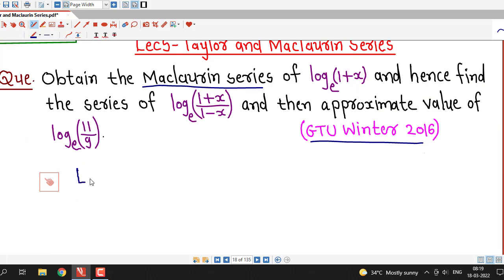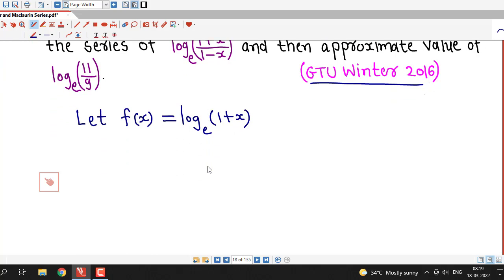So let f(x) equal to log of 1 plus x. Given function is logarithm of 1 plus x to the base e, and we have to find out value of function f at 0, that is log of 1 base e, and we know that log 1 base e is 0.